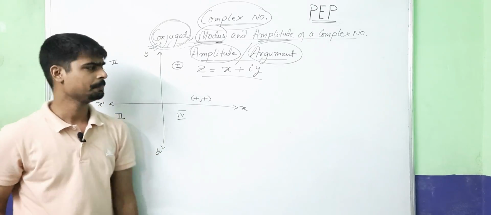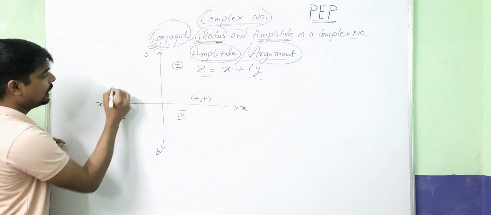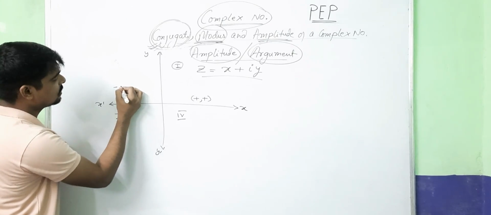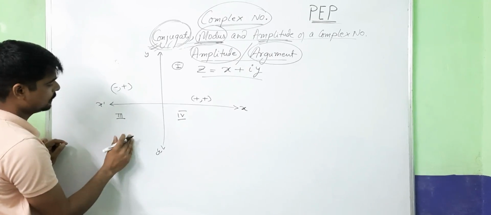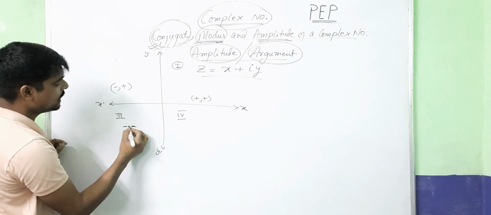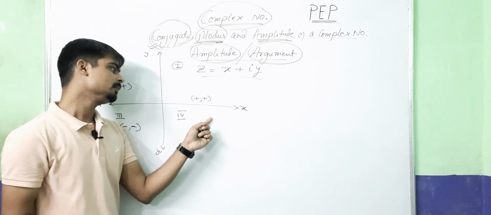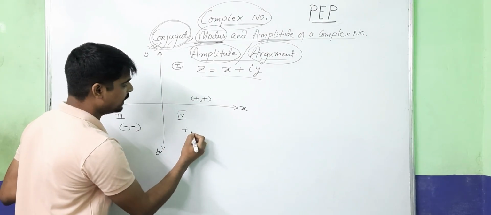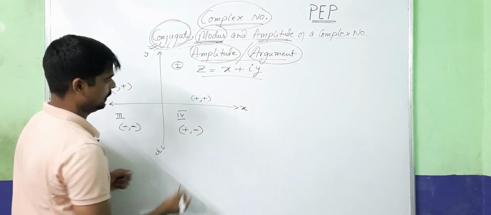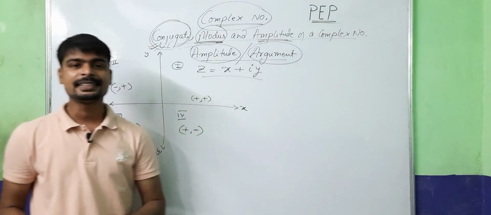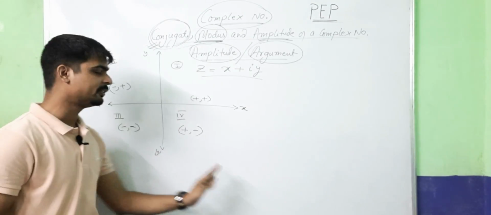This is the basic concept. Over here, x is negative and y is positive. Over here, x is negative as well as y is also negative. Over here, x is positive and y is negative. This is the basic concept regarding quadrants of a graph.